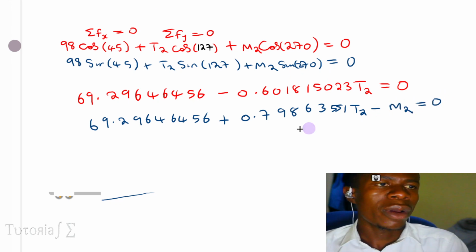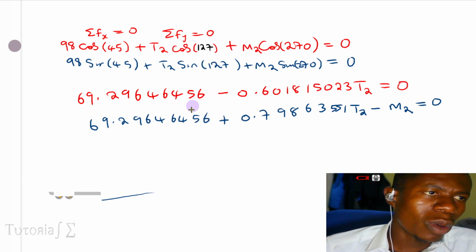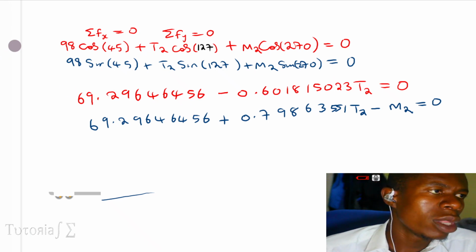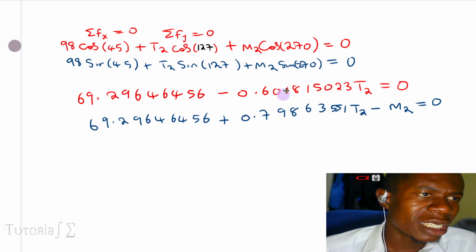Okay, so now we can remain with values on one side and take variables on the other side. We just rearrange everything.